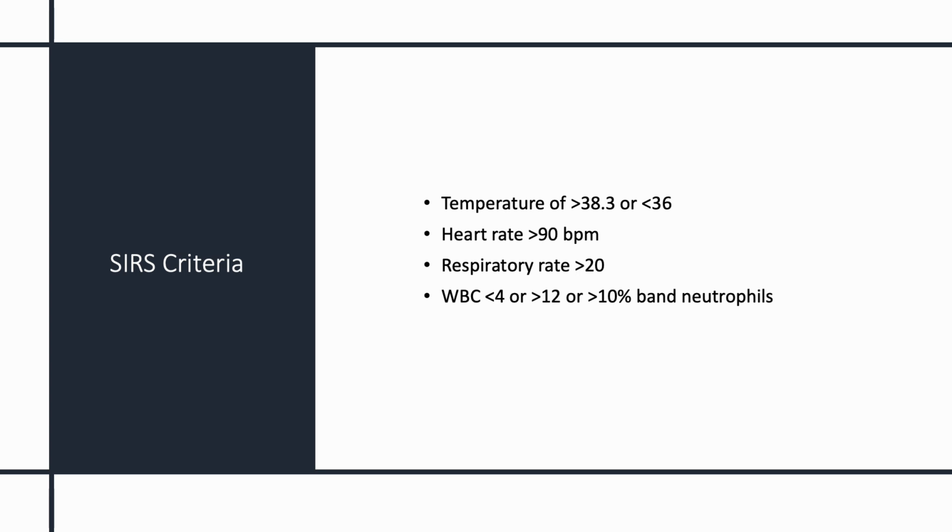Of course, you obtain that through an ABG. Also a white blood cell count greater than 12,000 or less than 4,000, or greater than 10% immature band forms. Just remember that when your patient is on steroids, sometimes their white blood cell count is also elevated.